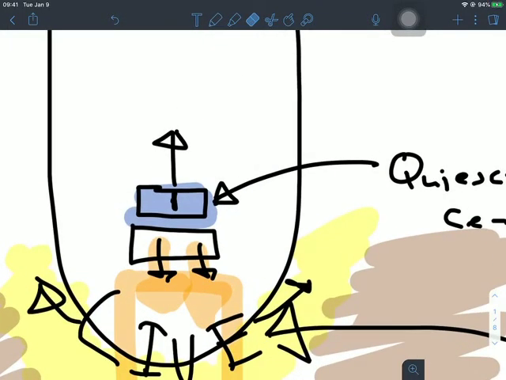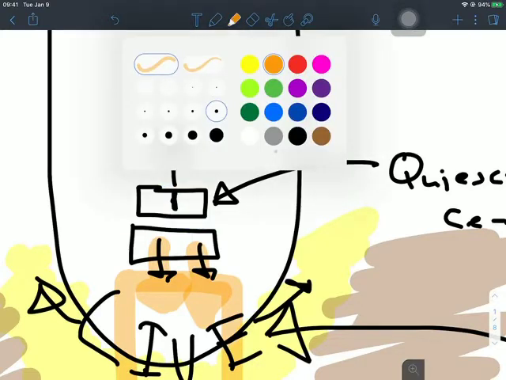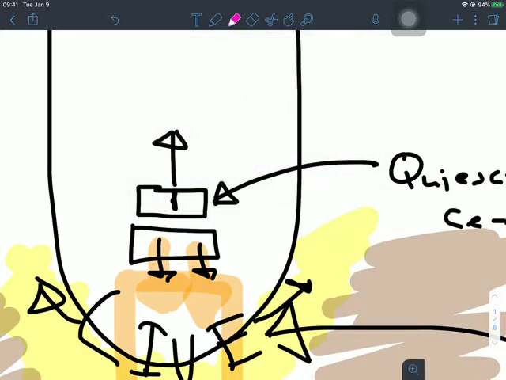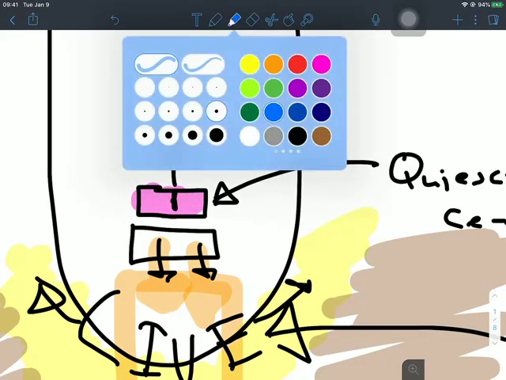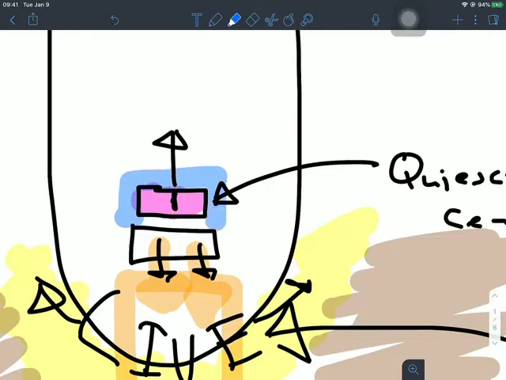So I'll go ahead and actually, let's draw this in a different color here. The quiescent center, for some reason, ever since my first class, has usually been colored in pink. So I will color the quiescent center in pink, and then the region of cell division around it in blue.